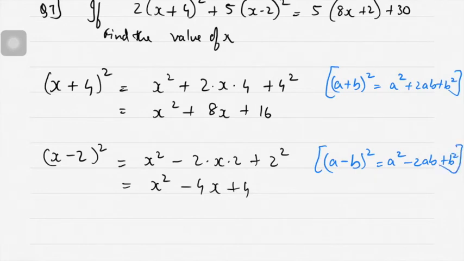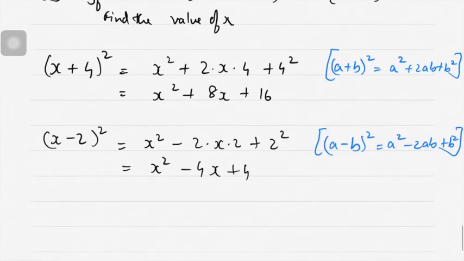Okay, this is the formula which is applied. So now instead of writing x plus 4 the whole square, I will write x square plus 8x plus 16, and x minus 2 the whole square, I will write x square minus 4x plus 4.